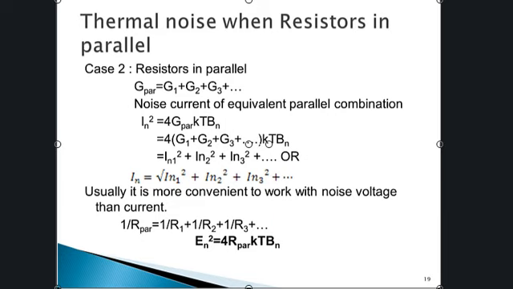Then it becomes more convenient to work with noise voltage than current, and therefore instead of conductance we take the equivalent parallel resistance. So we write 1 upon R parallel is equal to 1 upon R1 plus 1 upon R2 plus 1 upon R3, and then we use this value in the formula En square is equal to 4R parallel kTBn.